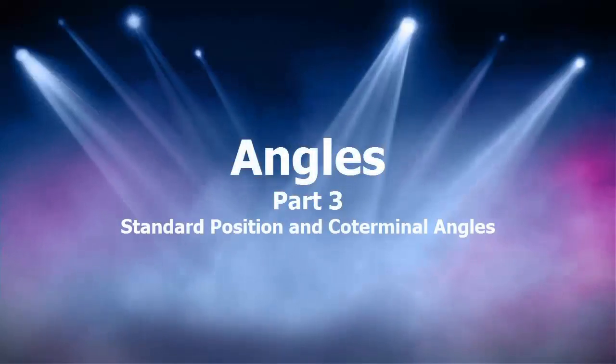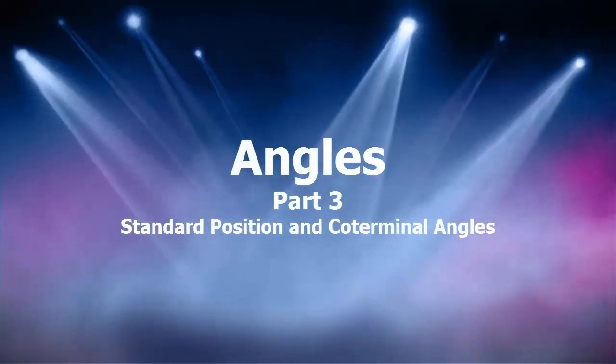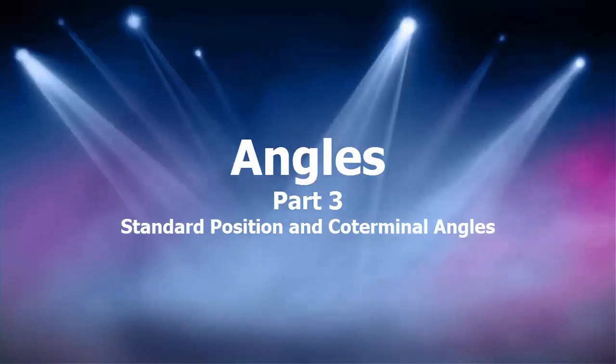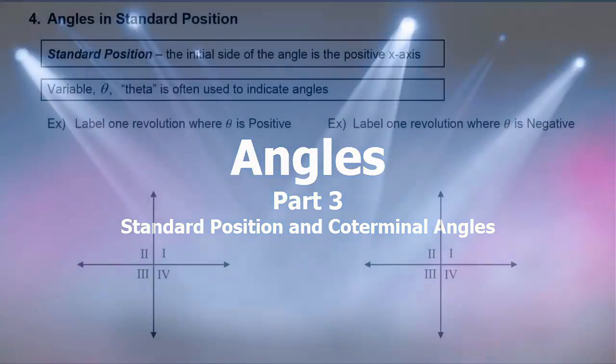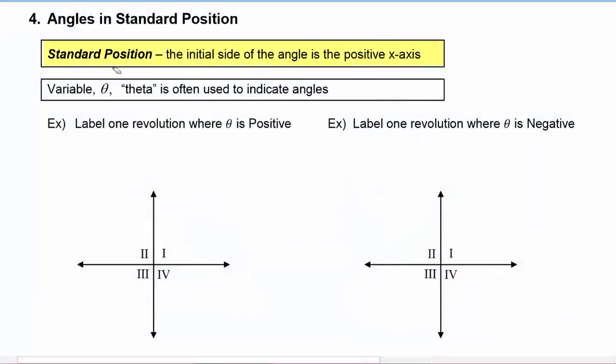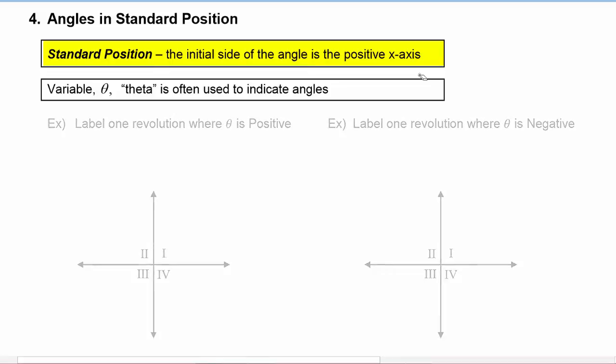In part 3 of our lesson on angles, you will learn about angles in standard position and coterminal angles. When an angle is in standard position, that means that the initial side of the angle is on the positive x-axis.